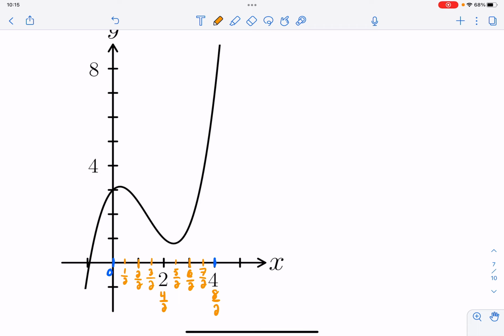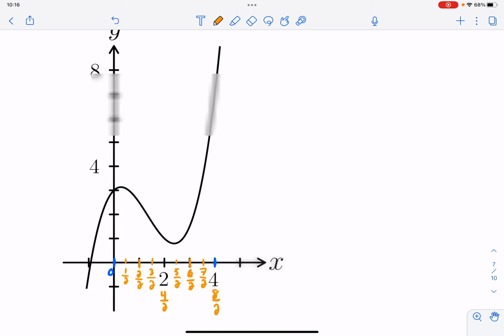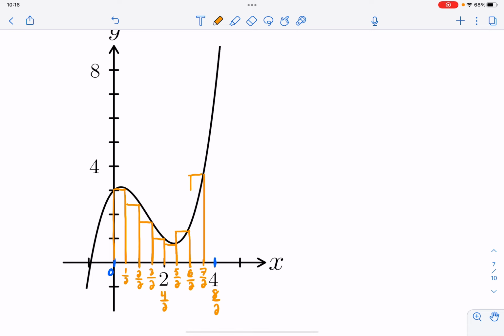So now we want right endpoints for our rectangles. What do we end up working with here? Well, we're going to end up with this rectangle, this rectangle, this rectangle. Notice I'm using those right endpoints the entire way. There we have it.